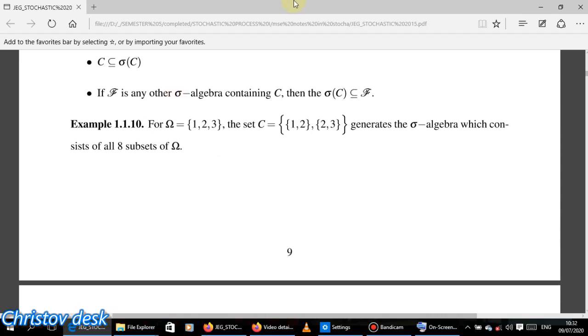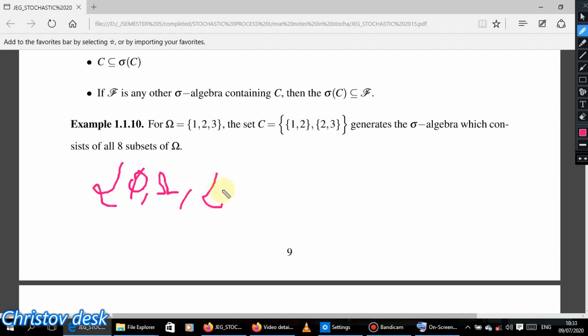Remember that the sigma algebra must first contain the empty set and the set itself, which is omega, and it must contain C. And remember, C has {1, 2} and also {2, 3}.